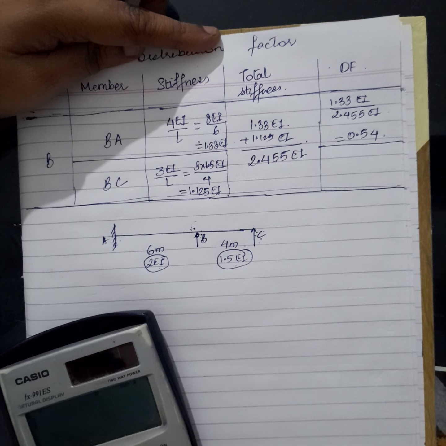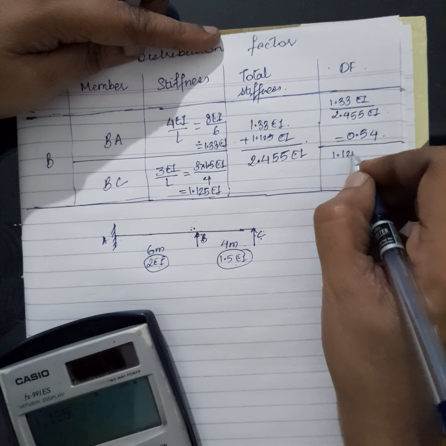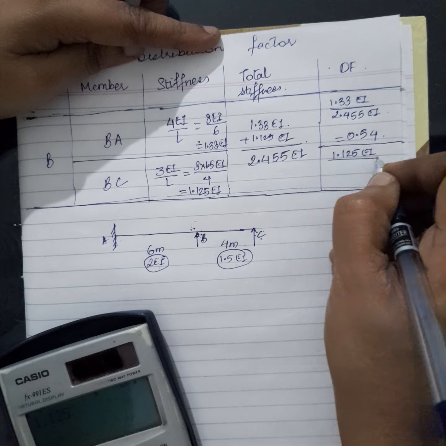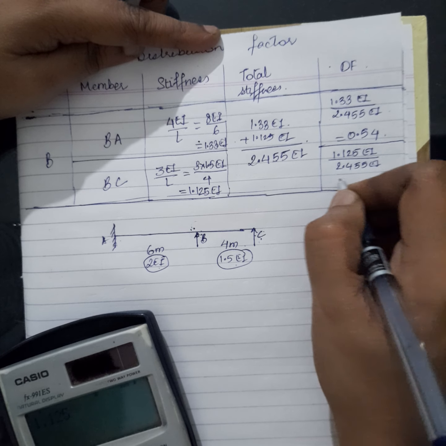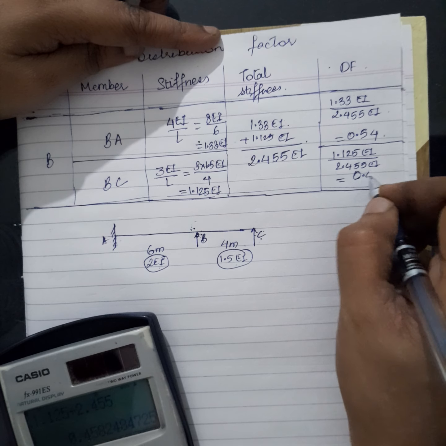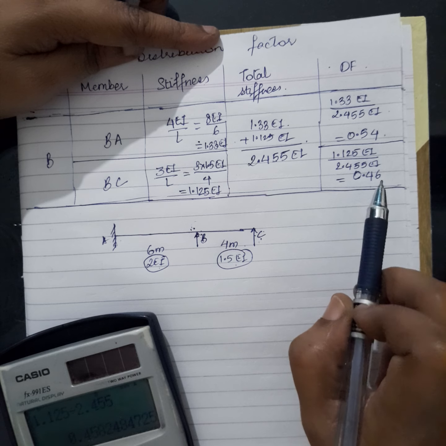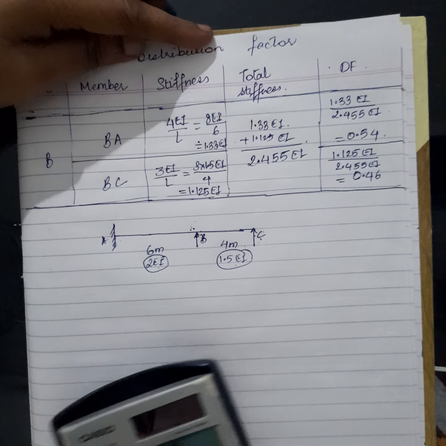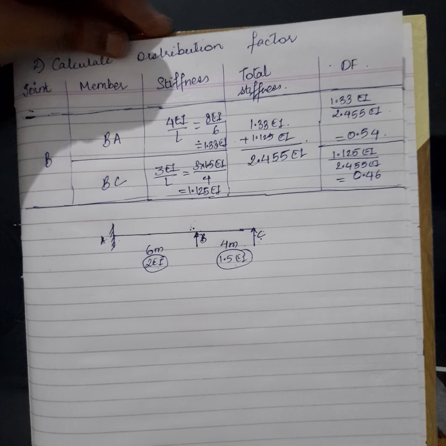And similarly, 1.125 EI divided by 2.455 EI is going to be 0.46. So 0.54 plus 0.46 equals 1. Okay, so this is done. Step 2 is complete.